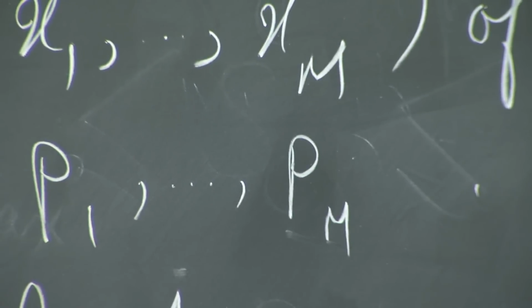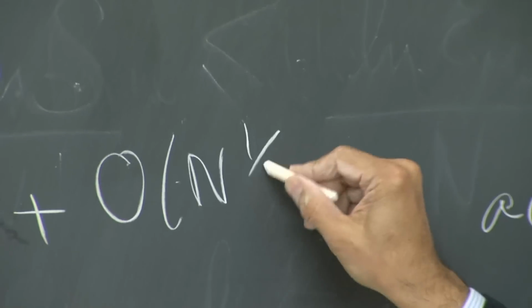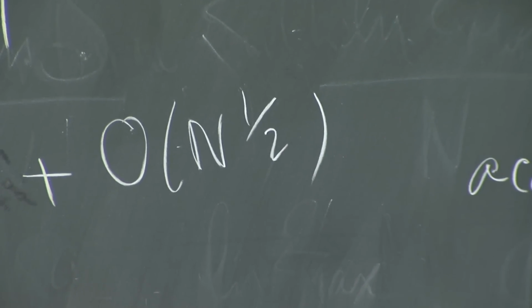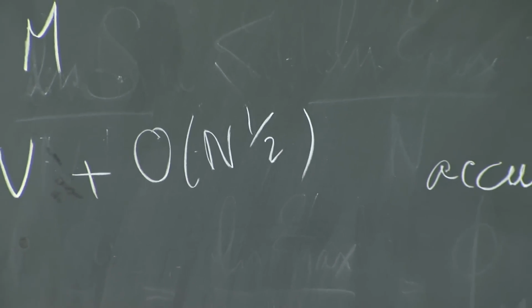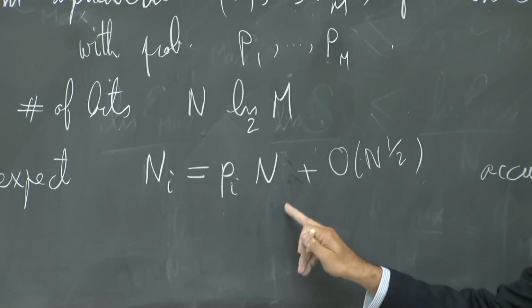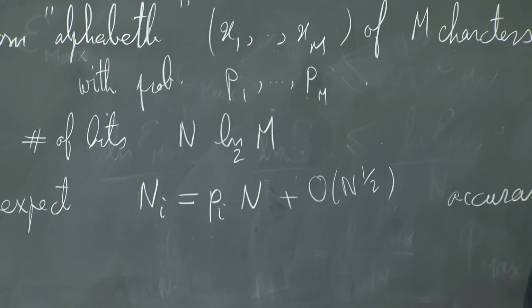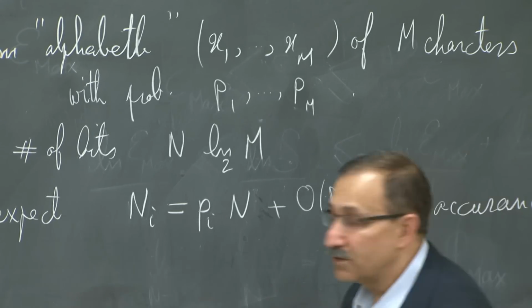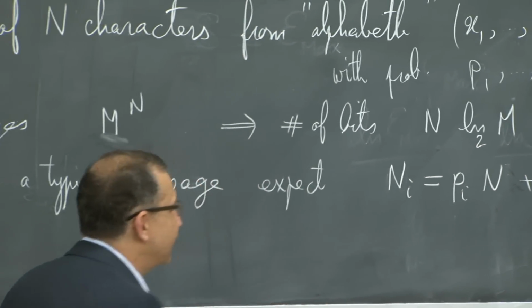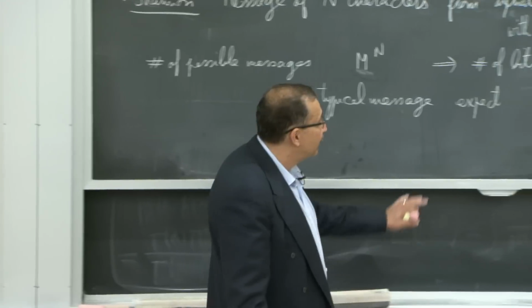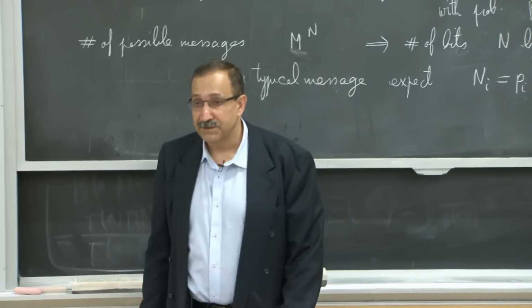Of course, what that really means is that you're going to get corrections because not all messages are the same. But the deviation that you would get from something proportional to the probability, to the frequency, in the limit of a very long message would be of the order of n to the 1/2. Okay? So ignoring this n to the 1/2, you would say that the typical message that I expect to receive will have characters according to these proportions.